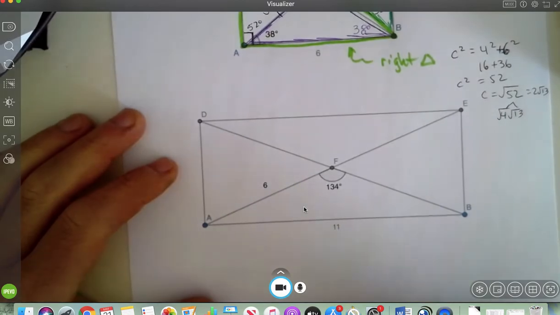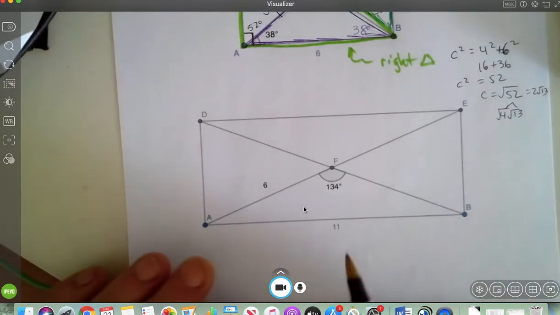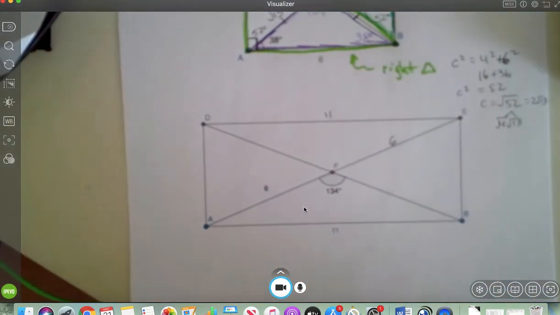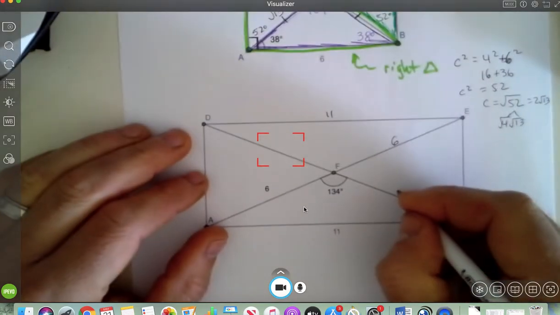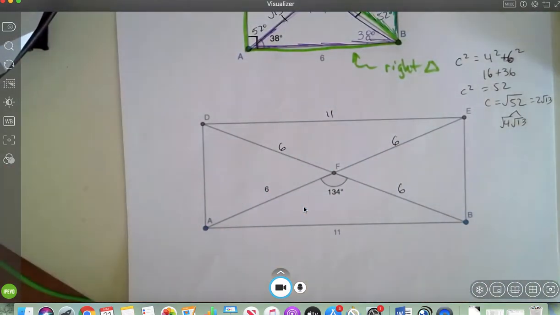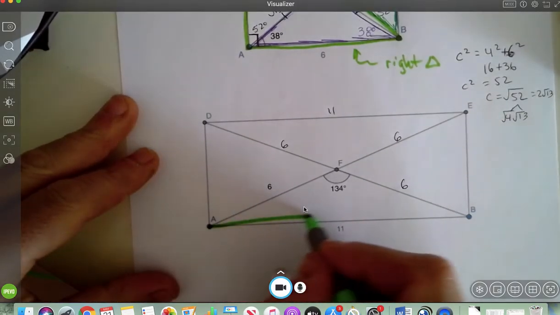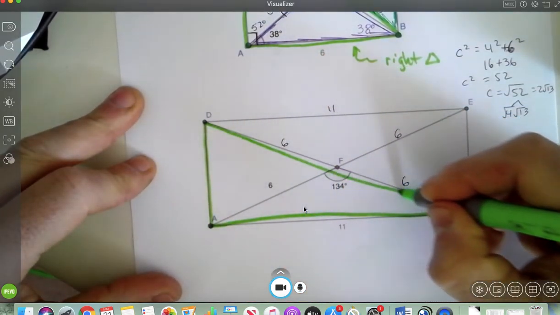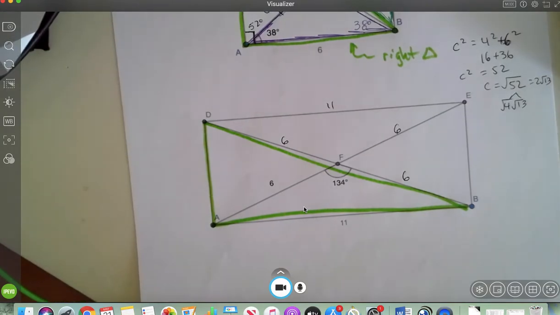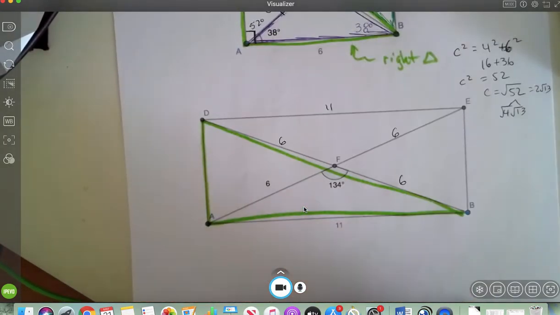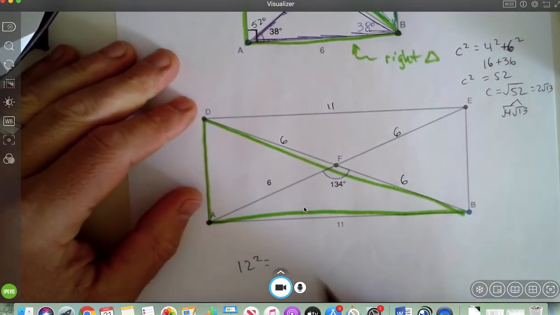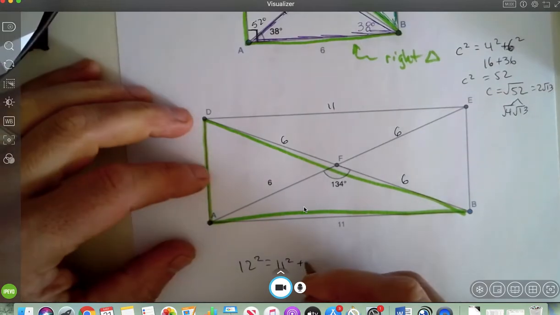Let's see. I always like to do lengths first. So that's 11, that's 11. That's 6, that's 6. It's a rectangle, so diagonals are congruent, so 6 and 6 there. Highlight my right triangle for myself. There's my right triangle. I can see that the hypotenuse right here is 12, so 12 squared equals 11 squared plus my missing one.